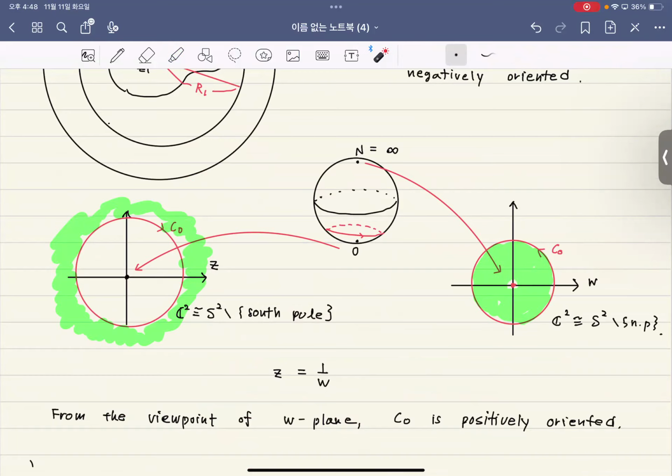Therefore, being analytic everywhere outside of this region implies that my function may have an isolated singular point at the point of infinity. Okay, thank you for your patience, and I'll see you next time.